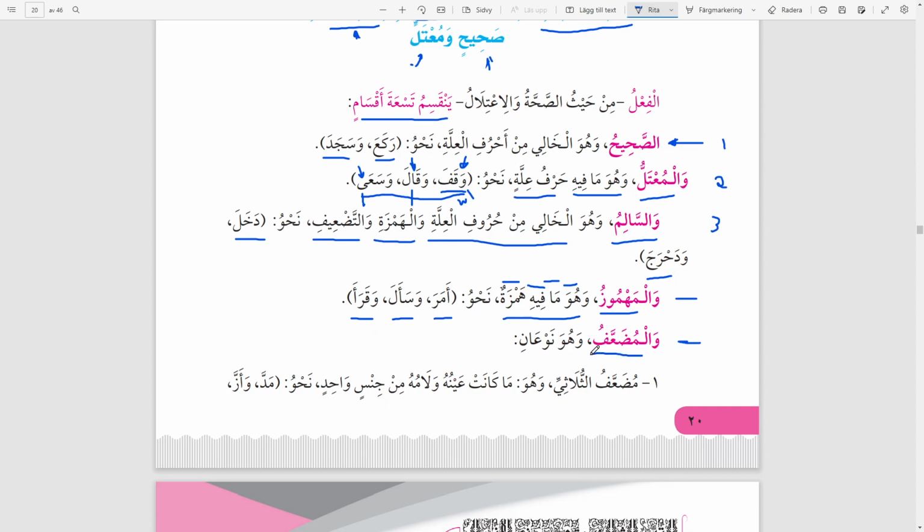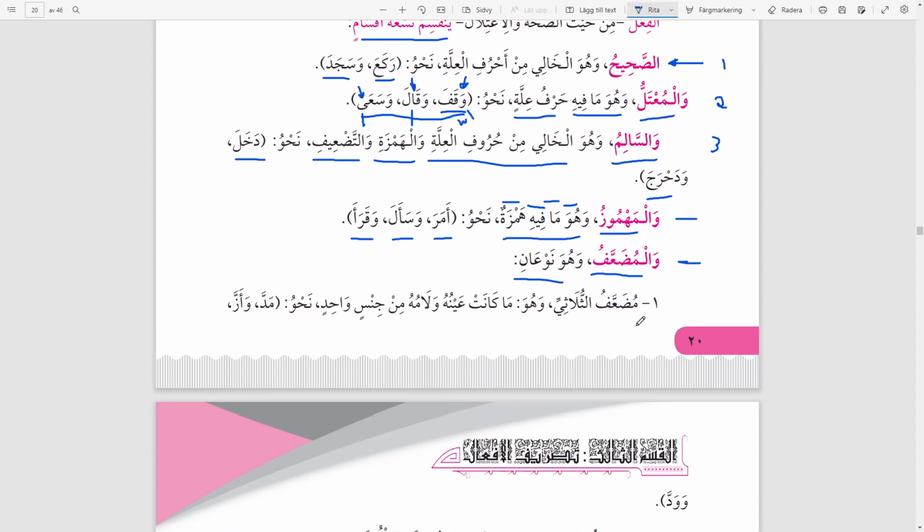المضاعف, meaning the duplicated. It is of two types. المضاعف الثلاثي, that is the word with 3 letters, and العين and اللام in فعل is the same letter.